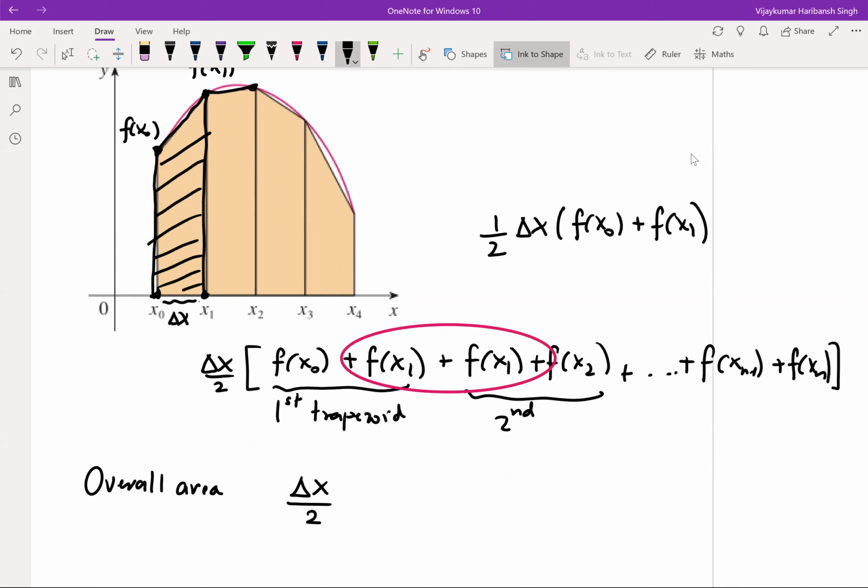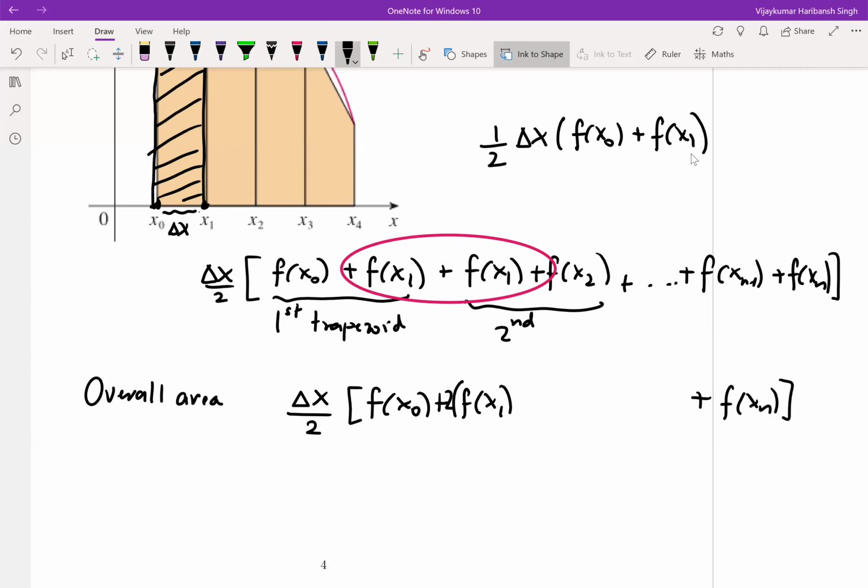So you double everything in between. The first one and the last one remain as they are because they don't get repeated, but everything in between gets repeated. So 2 times f of x1, f of x2, dot dot dot, f of xn minus 1, and these get doubled, right?